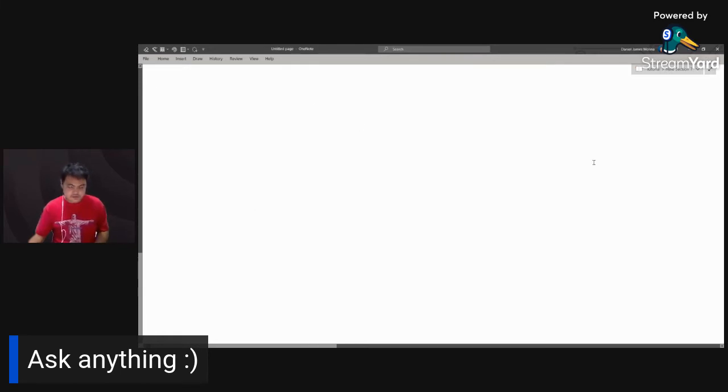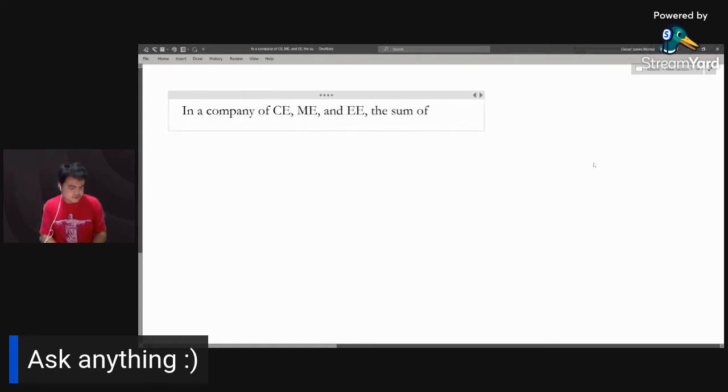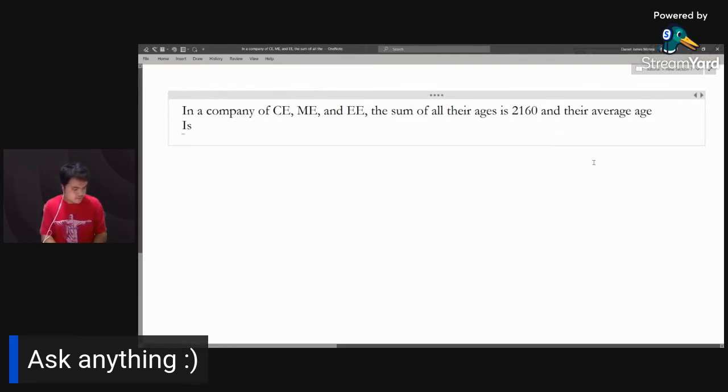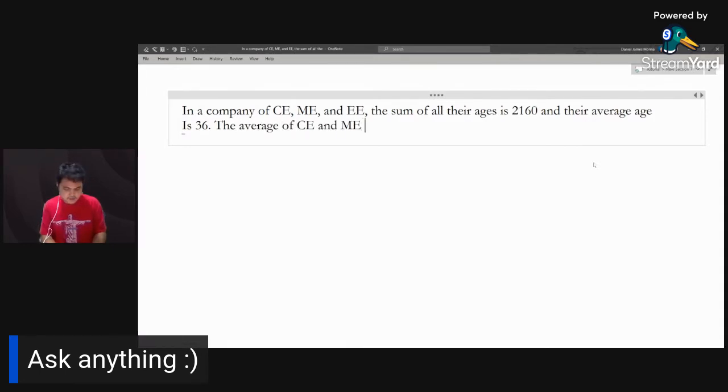Okay. Ito medyo ano, i-type ko lang, no? In a company of CE, ME, and EE, the sum of all their ages is 160, and their average age is 36. The average of CE and ME is 39. Password ata to, no? Of CE and EE is 110 over 3.